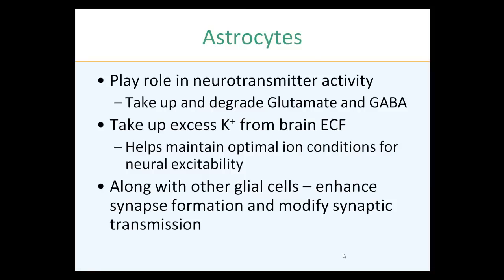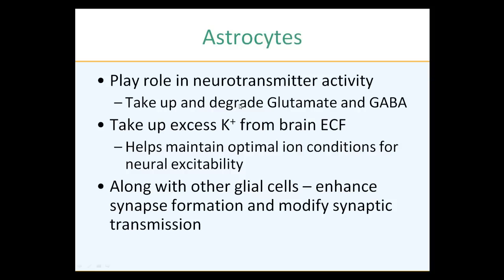So it's not only a support role, now they do help the transmission of impulse from one neuron to another. And now people are thinking, well, are the astrocytes associated with memory? Are the astrocytes associated with emotion and integrated information in your brain?